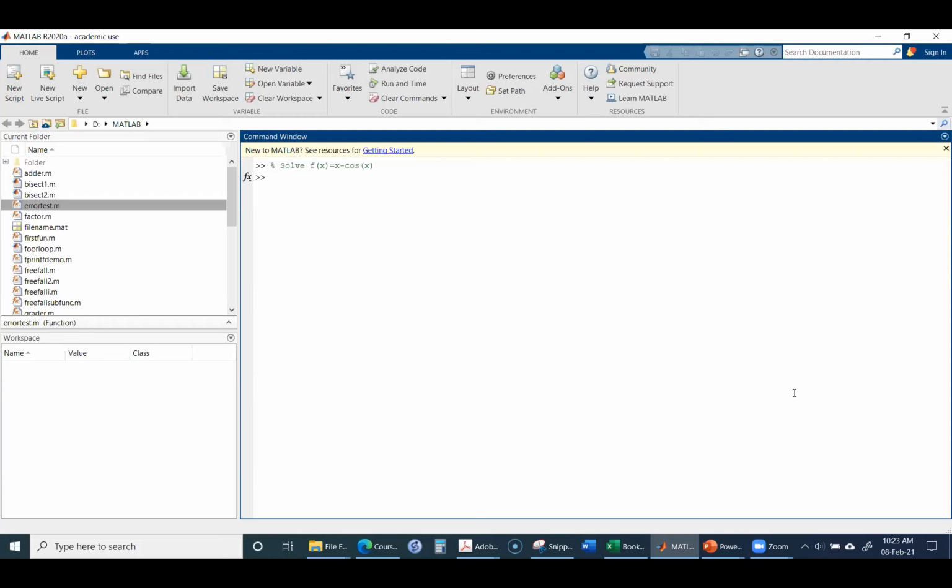You can see. So I have written percent solve f(x) is equal to cosine of x. This percent sign is just for a comment, so it is not a MATLAB command over here. It is just to show what I want to do. So suppose we want to find the solution for this equation f(x) is equal to x minus cosine x.